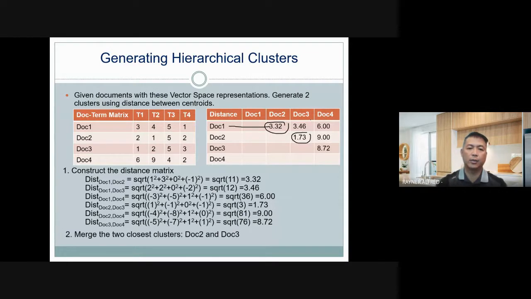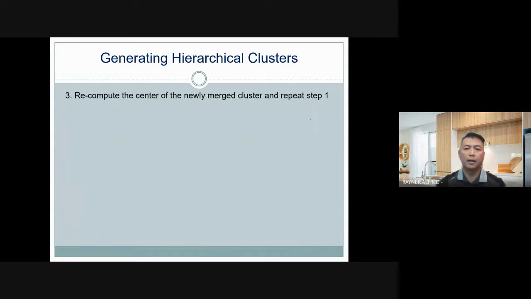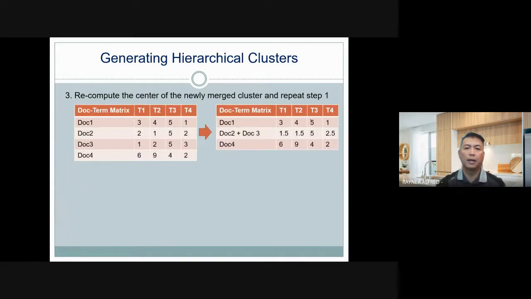Okay, in the next one, since we have combined document 2 and document 3, of course, they will have a new center here. And we need to perform the distance calculation again.